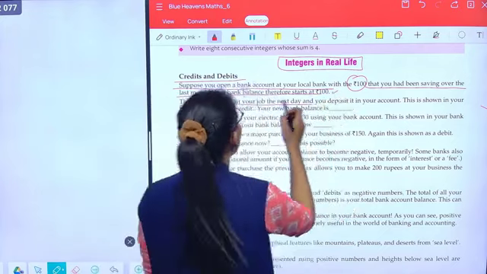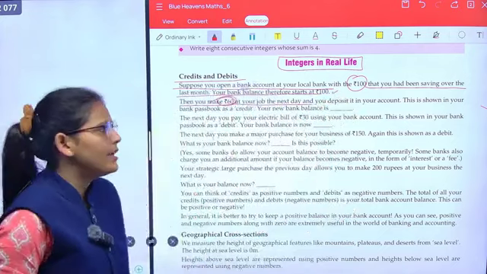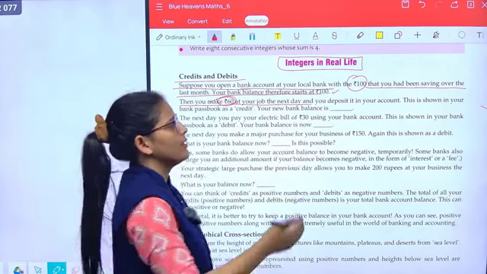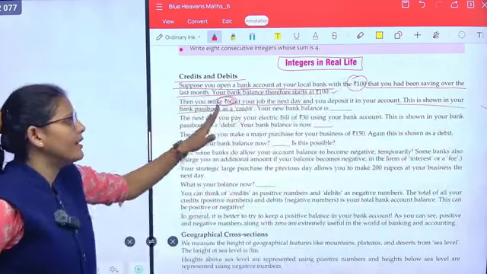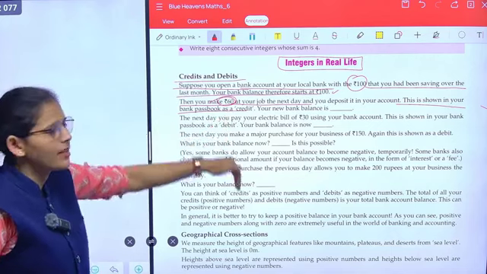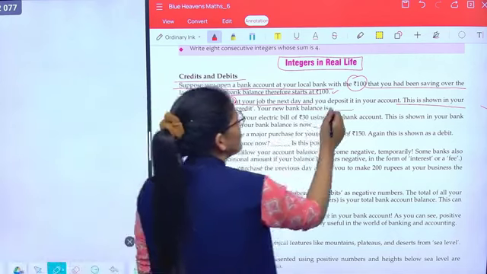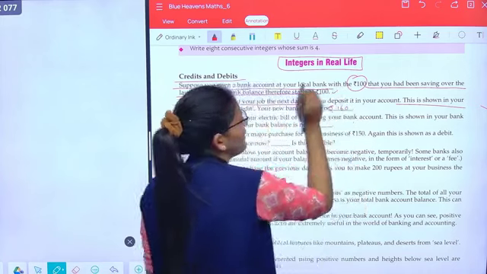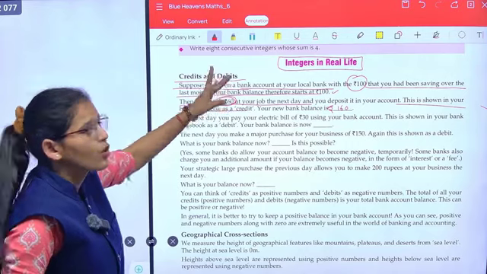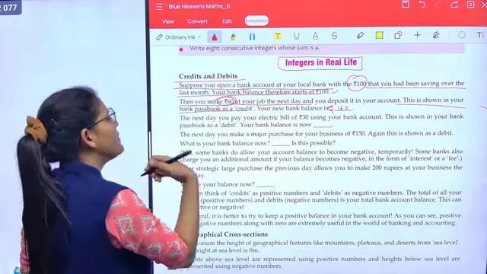You had 100 earlier, now you earned 60 rupees and deposited it again. This is shown in your bank passbook as a credit. Credit means you have deposited. So your new balance is 160 rupees because you had 100 rupees and you credited 60 more. Credit means deposited.